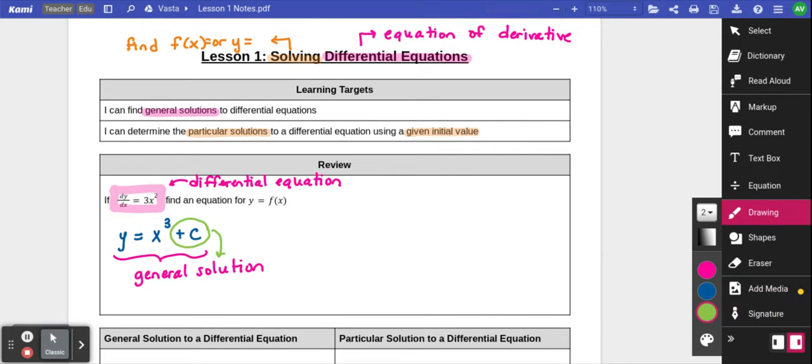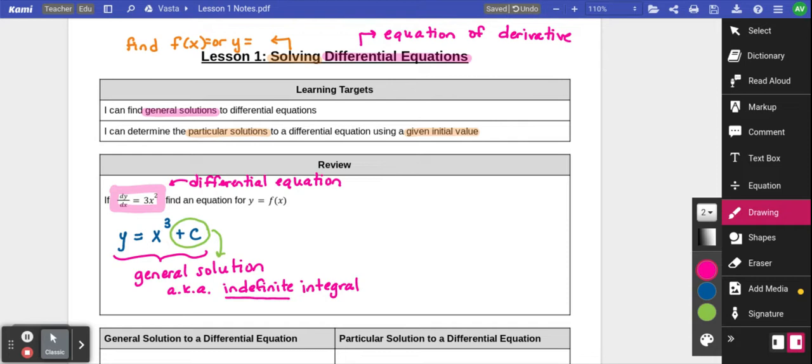When we take the derivative of that number, it goes away. So it might have been there, but we don't know what it is. Another name for this type of solution is what's called an indefinite integral. When your answer has a plus c, it's called indefinite integration because we can't actually find the value of c, at least not yet.